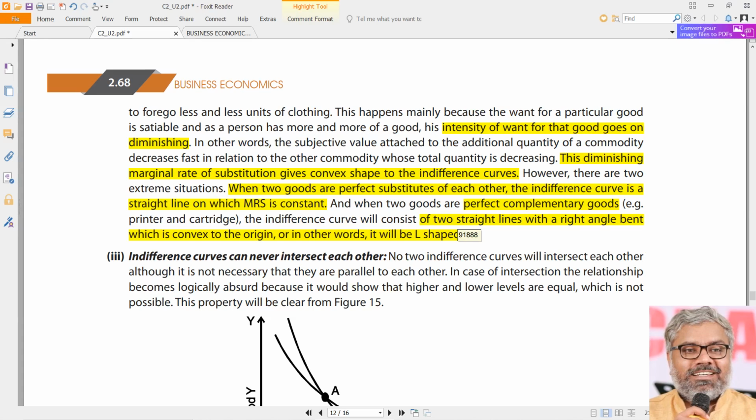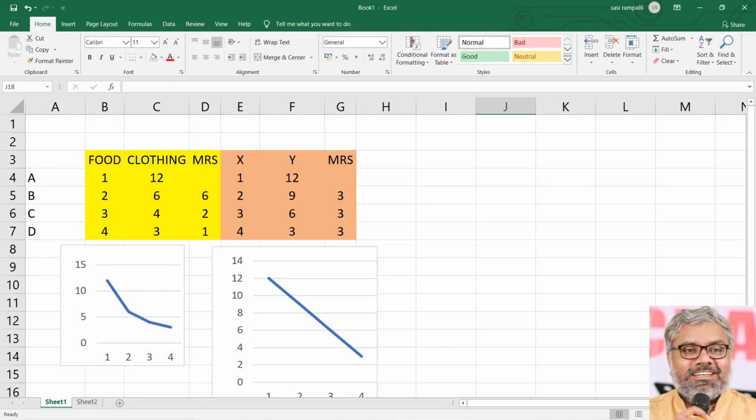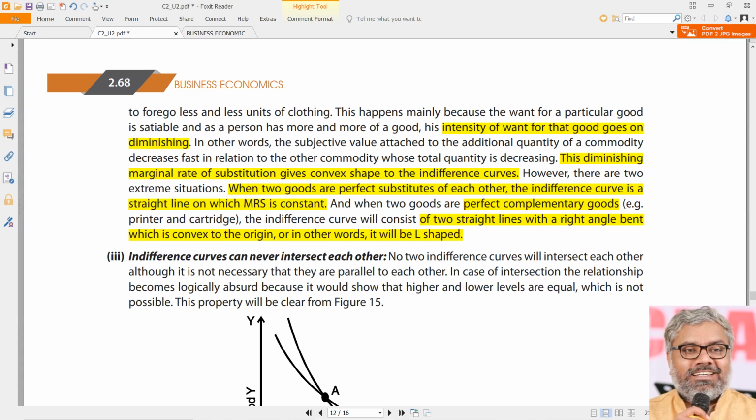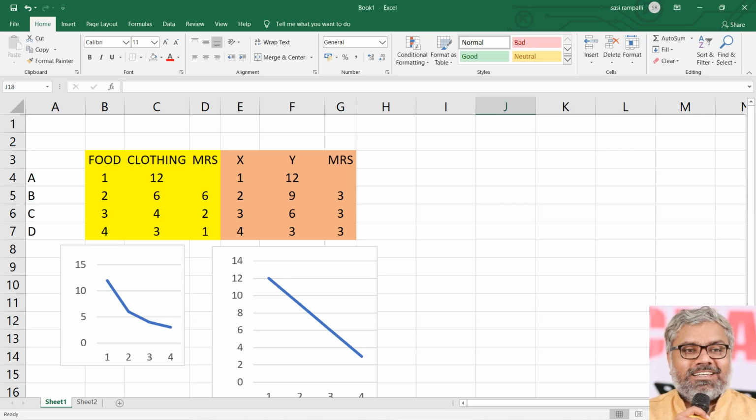When the goods are perfectly complementary commodities, then the indifference curve will be L-shaped. So in that situation, still it will be convex to the origin, but the indifference curve will not have a normal curvature or bend. The bend will be a right angle, and that will generate an L-shaped indifference curve like this.